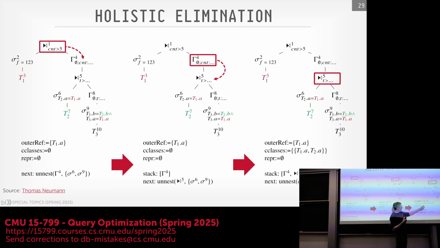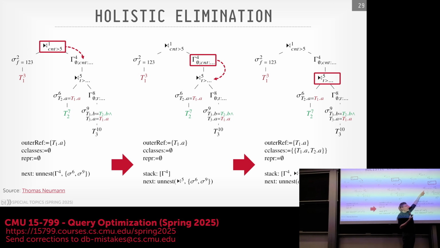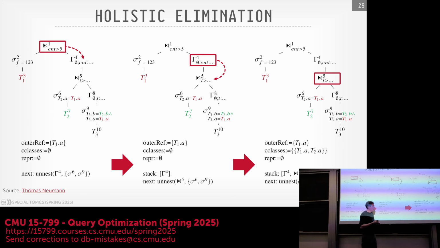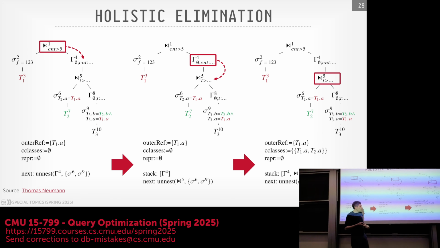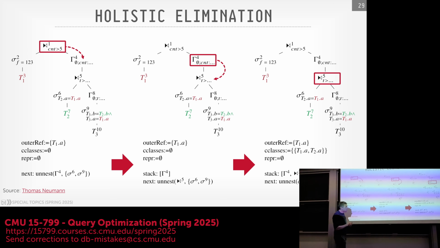And now we see what we have in our equivalence classes. We are aware that T1.A is going to be equivalent to T2.A because we have this equality predicate here. And therefore, we know we would have a match at this point, so we can substitute things as needed.